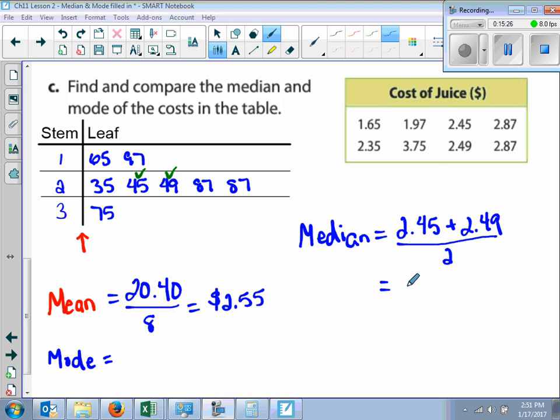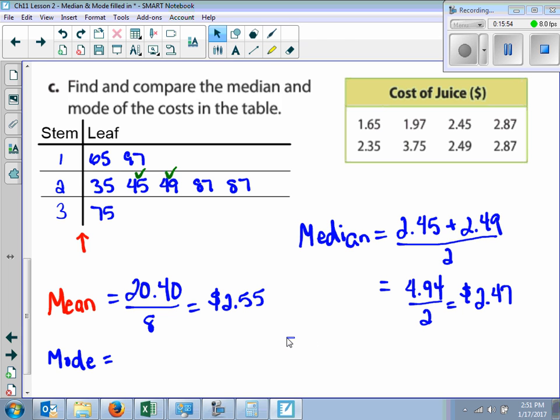So that gives us $4.94. And then we're going to take that and divide by 2, and that will give us our median. So the median is $2.47.